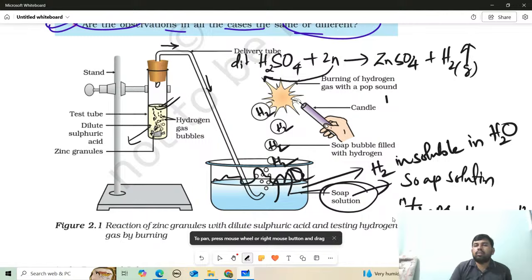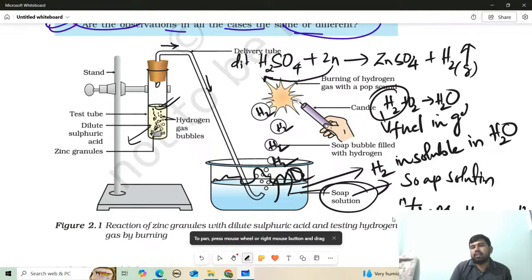It burns in oxygen and forms H2O. So hydrogen gas is used as fuel in jet aeroplanes and rockets.